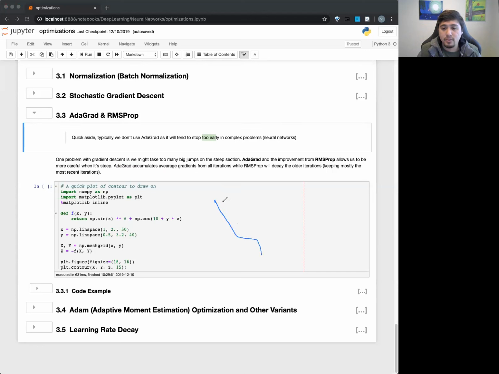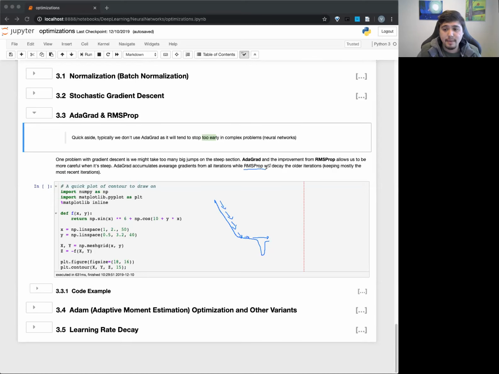Most of your iterations are going to be down like this. So by the time it gets to this point right here, where maybe the gradient is very small, the average is going to be pretty large, and you might actually skip over it. Let's say this is the minimum. You might end up skipping over this part because the average was so large. So it's hard to actually find these parts, and it'll stop before it gets to this part.